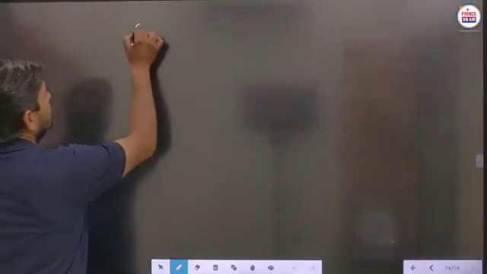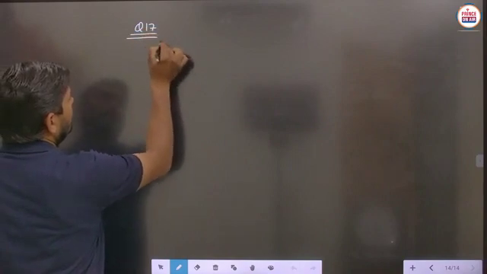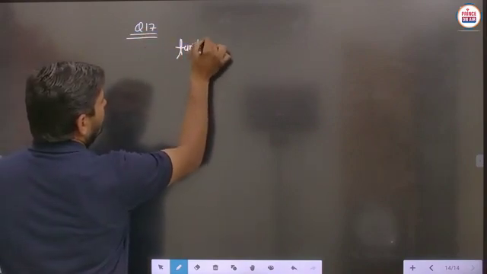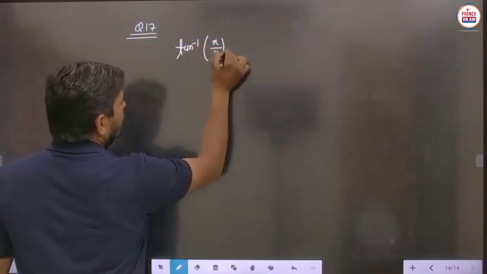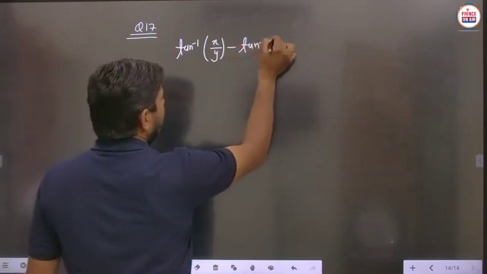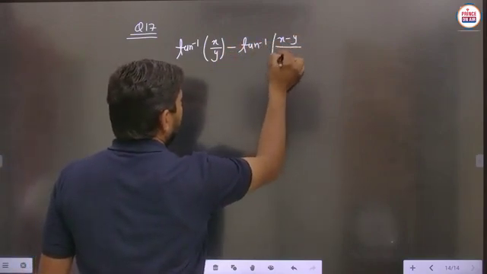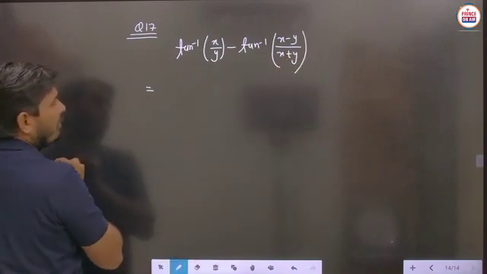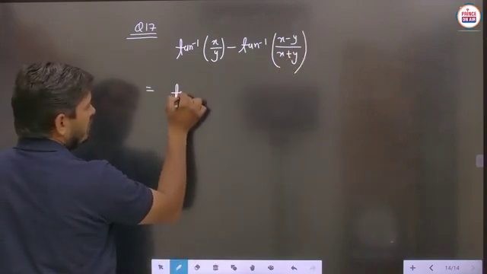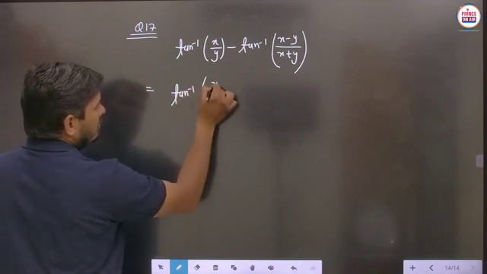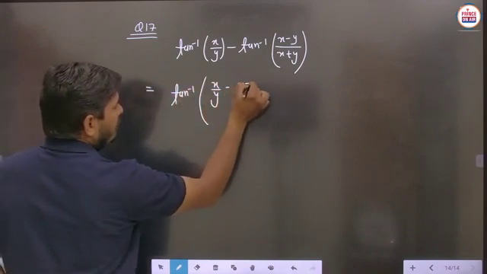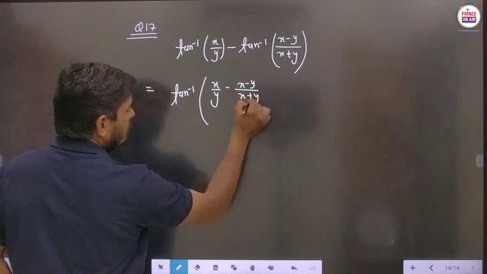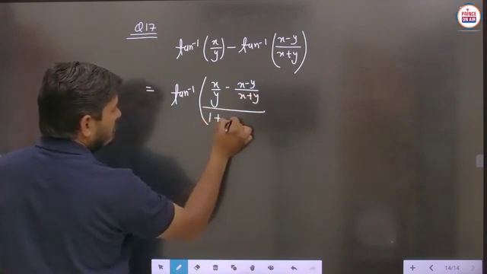So in this question number 17, here tan inverse of x upon y minus tan inverse of x minus y upon x plus y, we want to solve this, then use the formula of tan inverse x minus tan inverse y, that is tan inverse of a minus b upon 1 plus ab.